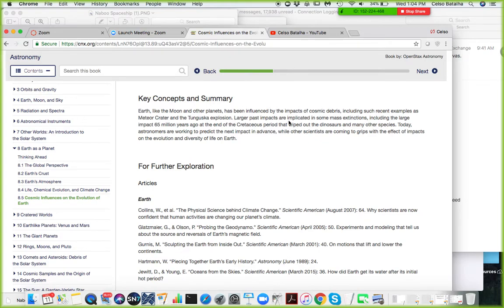So look at Earth. Earth is part of the terrestrial group of planets, and when you look at the history of all terrestrial bodies, those that don't have a lot of surface transformations are more likely to look like what they were in their very beginning.